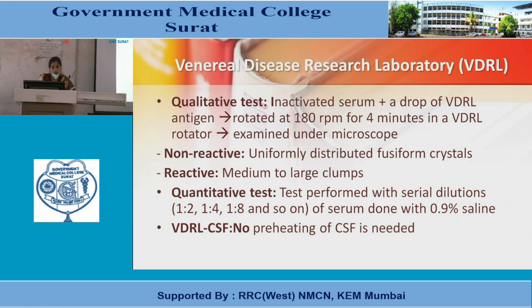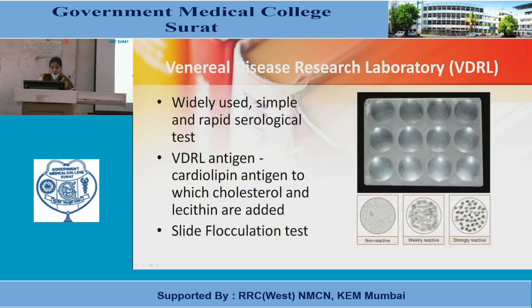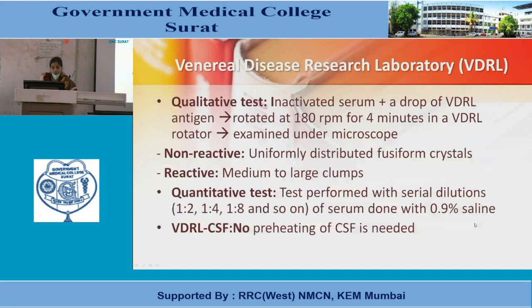If it is non-reactive, uniform distribution of fusiform crystals can be seen on the plate, and if it is reactive, medium to large clumps can be seen. Over here, these are the pictures. Uniform turbidity, and these are the large clumps. Then further, if it is positive, the quantitative test is done. The test is performed with a serial dilution of the serum done with 0.9% saline.